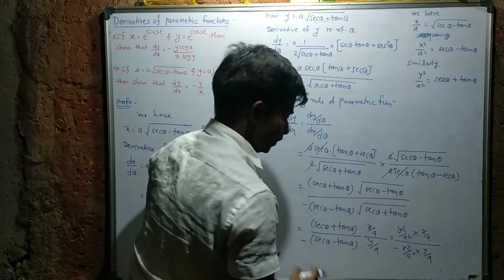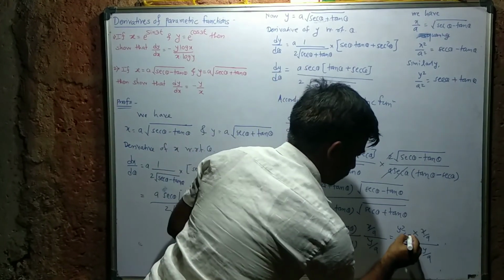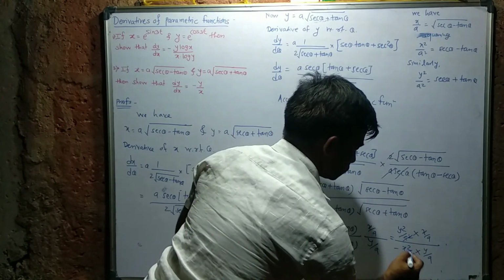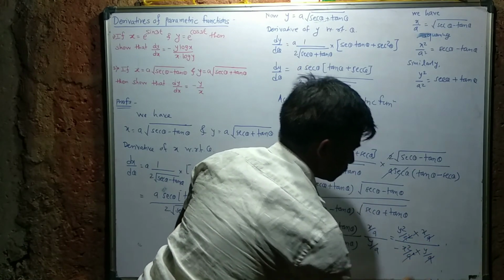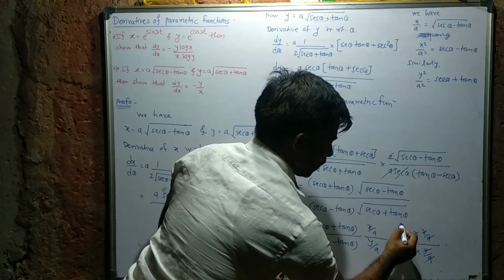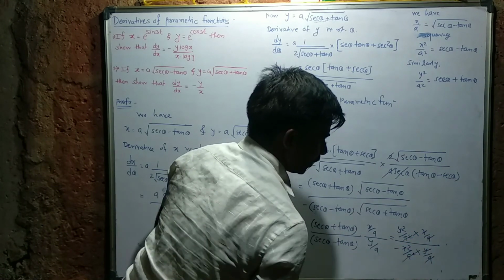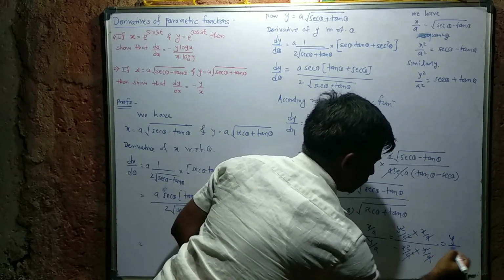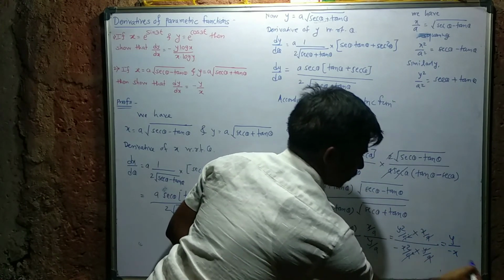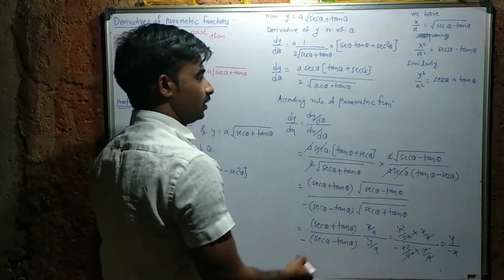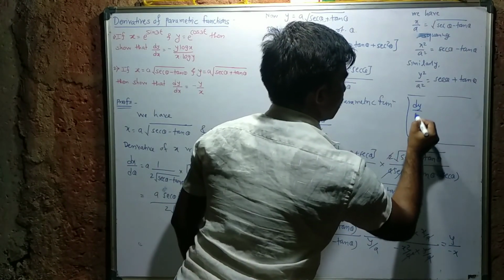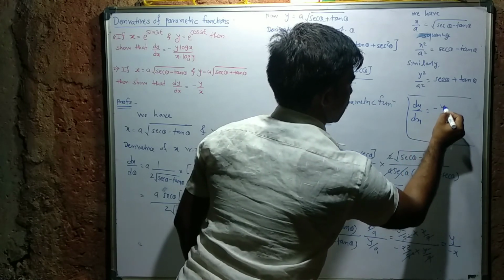This a square and this a square cancel each other, a cancels, one y and one x cancel, and here one y remains and one x remains, but it is a minus x. Therefore you get the final result: dy by dx is equal to minus y divided by x.